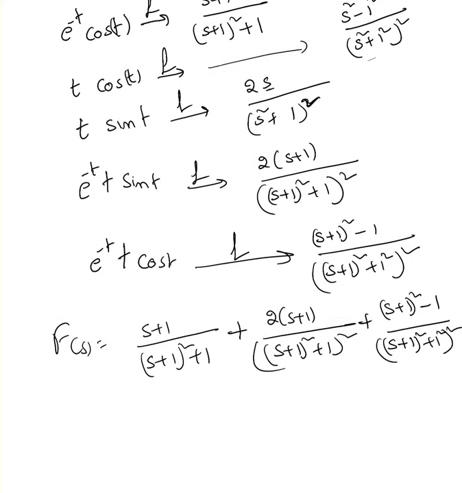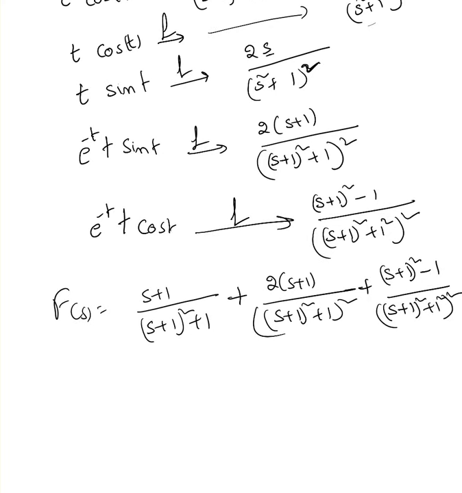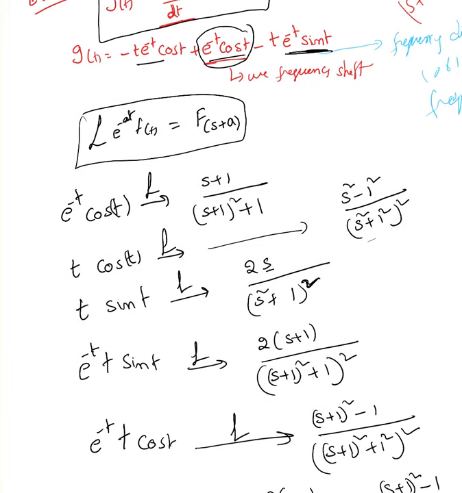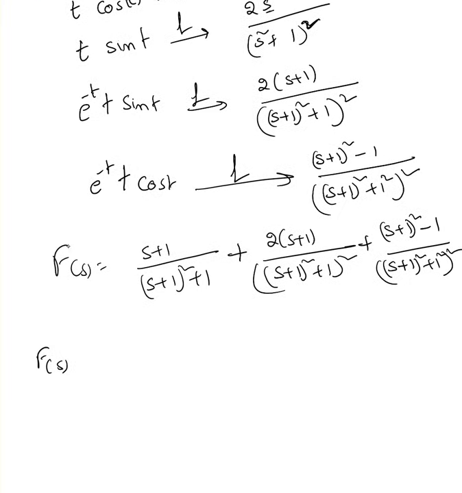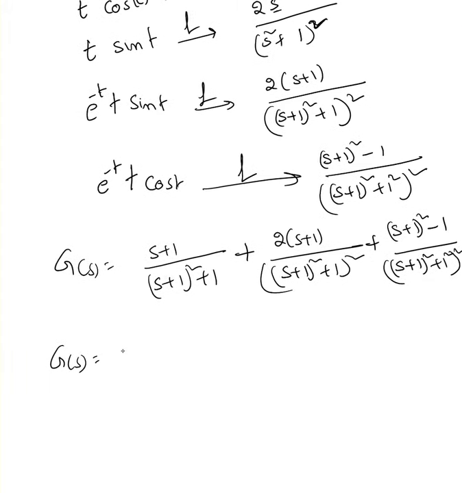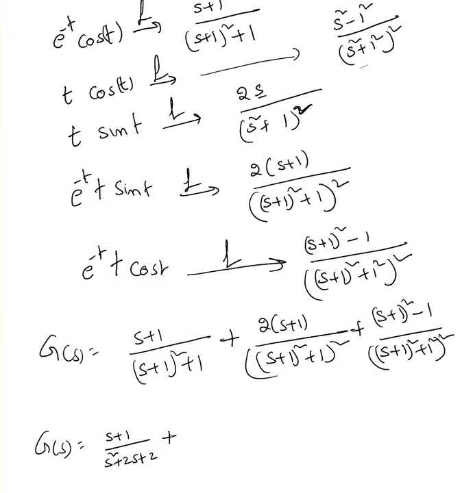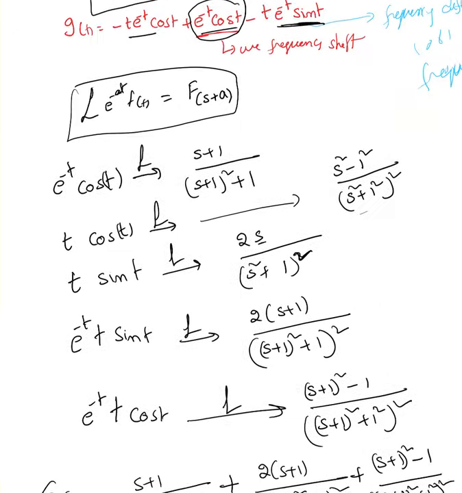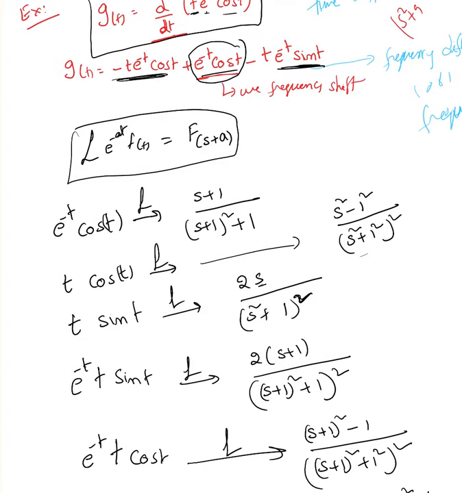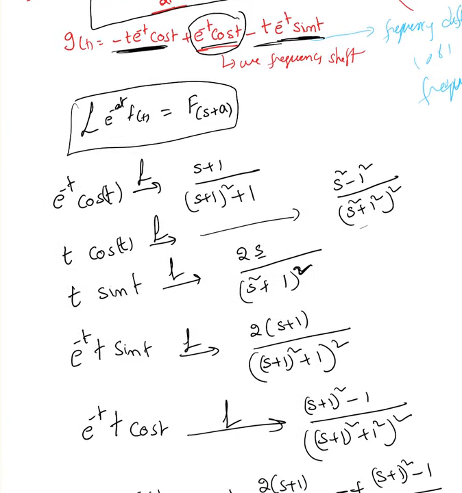Now at the end I want you to simplify this. So if I simplify, I have f of s. Okay, the given function is g, so I better take this as g of s. Once I simplify this: s plus 1 over s square plus 2s plus 2, plus, okay, it's supposed to be plus, but remember when you solve it we end up with minus there and minus there, so we're going to subtract those two.